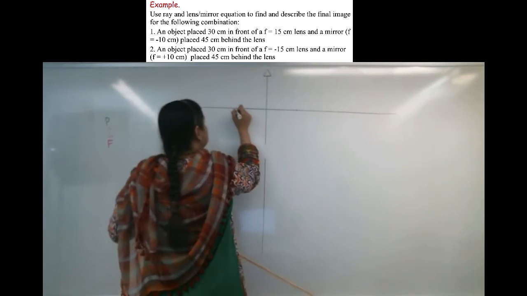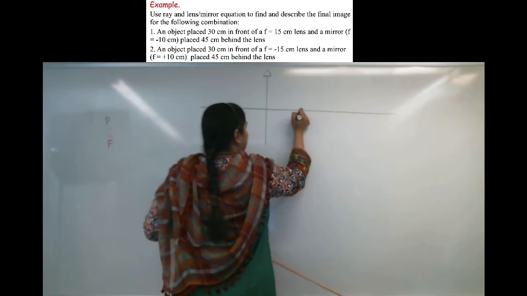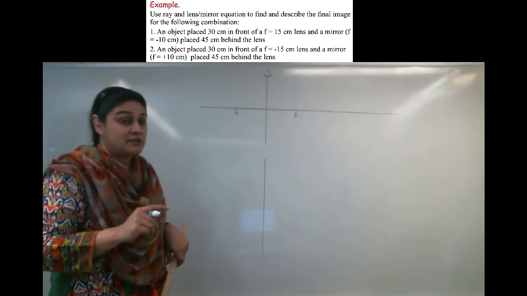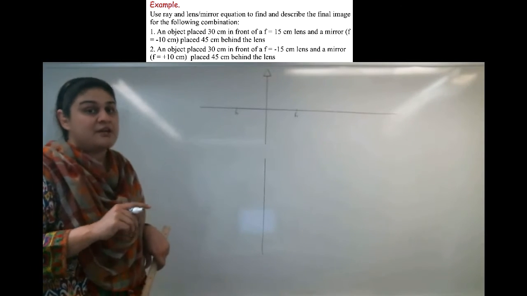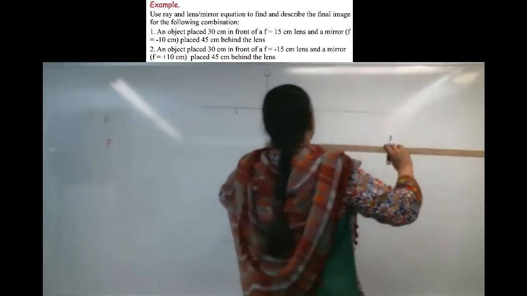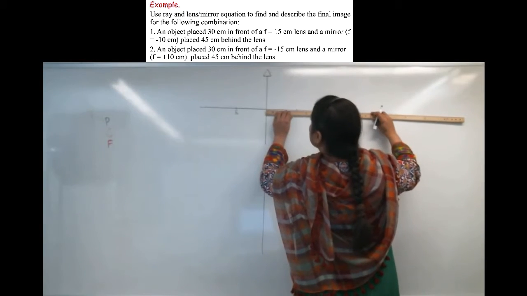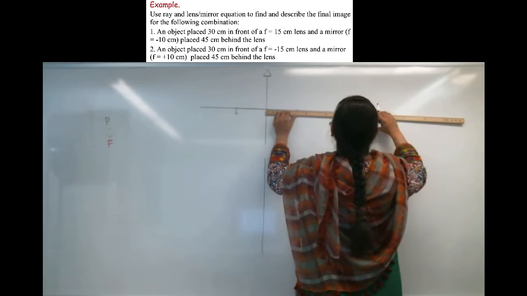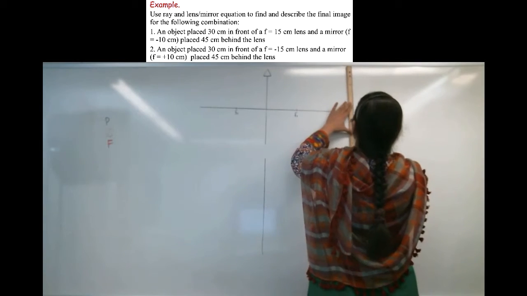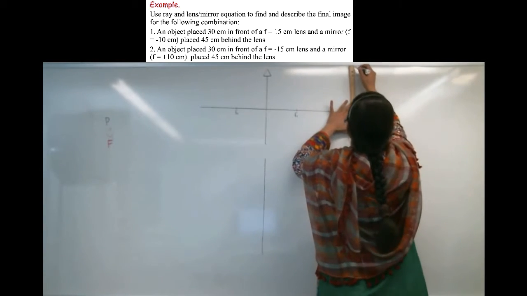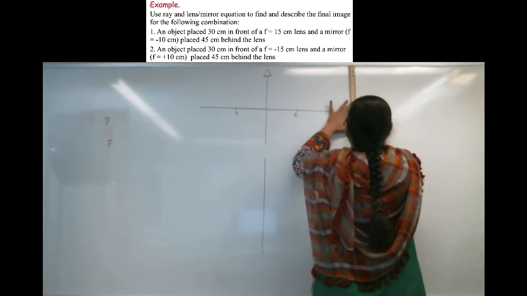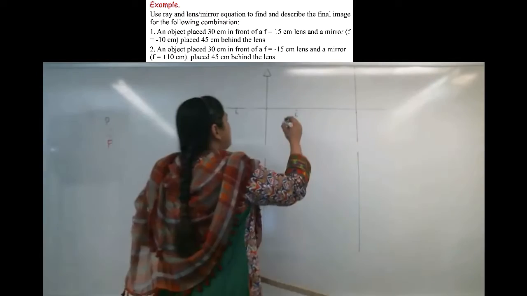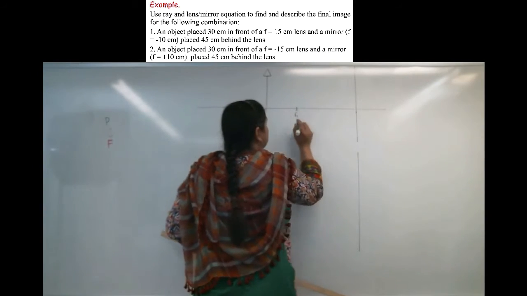So I'm going to call this F1, F1. And then it says that it has a mirror, which is negative, 45 centimeters behind the lens. So I'm going to calculate this to be 45 centimeters behind the lens. It is a mirror, so I'm going to draw this as a mirror. Okay, so this is going to be my F1.